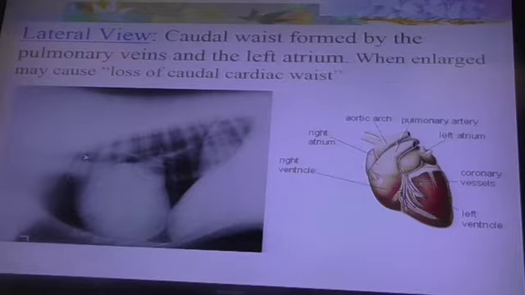Because if you did a lateral view, so let me ask you that question. If you did a lateral view, this is a lateral view, and you got loss of caudal cardiac waist, and you want to know if the veins are enlarged. So when I look at the lateral projection, can you see a vessel, a lucency in a vessel? Yes.